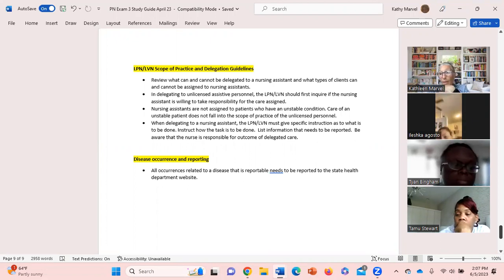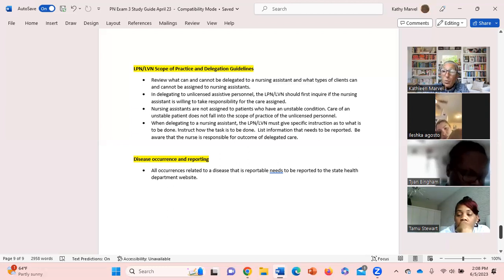Well, that's part of the job of an LPN. That's what it says in the last bullet. When delegating to a nursing assistant, you must give specific instructions as to what is to be done, how it's to be done, what needs to be reported, and that you as the LVN, LPN are responsible for the outcome of delegated care.